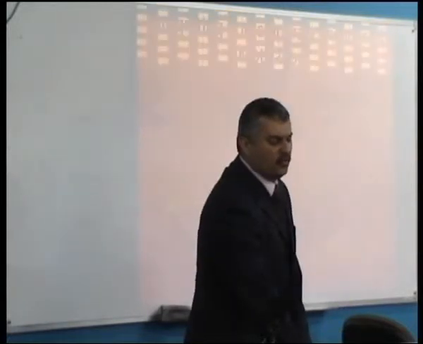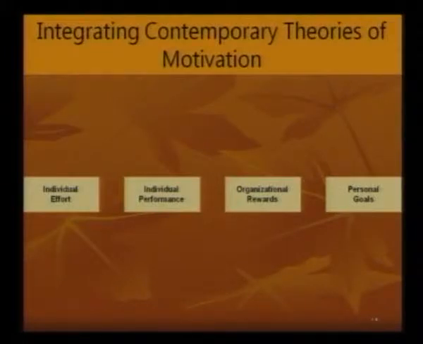Now, in order to integrate the contemporary theories of motivation, we need to consider all those four stages. I'm not talking about the expectancy theory only here. I'm talking about all the theories that we have discussed.